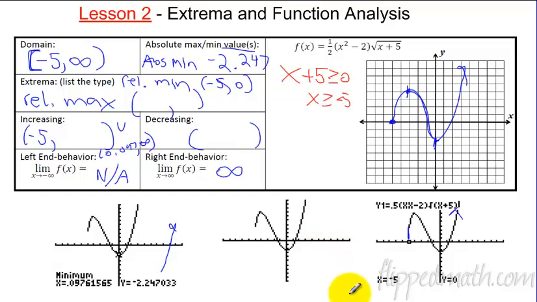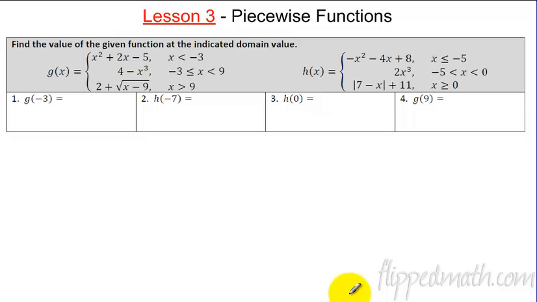All right, that's basically lesson 2 in a nutshell. Lesson 3, piecewise functions. What did we do here? We're plugging in numbers. So the big trick is you have to recognize what letter it is. I'll plug in h of negative 7. If I do h of negative 7, that's this equation because it's h. Now I have to look here. Which one is negative 7? It's this piece.